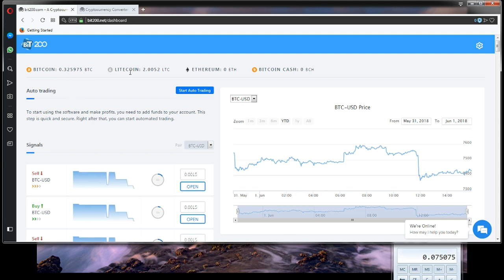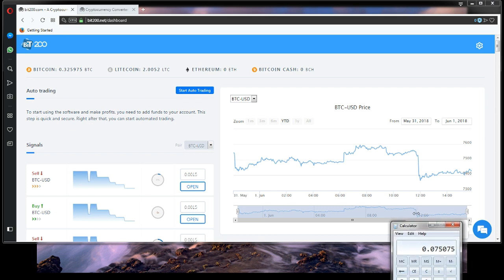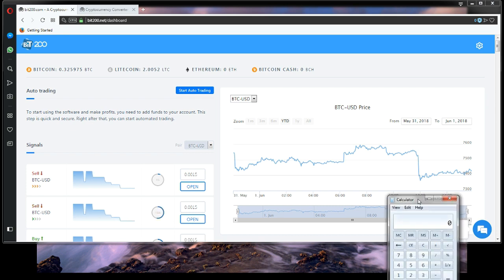With Litecoin, I started having 1.5162, and right now it's 2.0052. To give you clarification, I'm going to simply calculate how much profit the software made using both methods of trading, because I used both auto trading and signals.